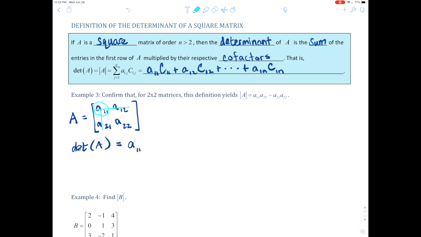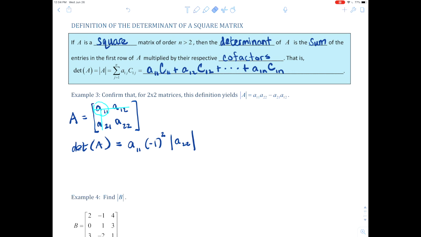Good so far? And then what do we end up with? So the cofactor is going to be -1 to the 1 plus 1, so that'll be squared. And then the determinant of A22.